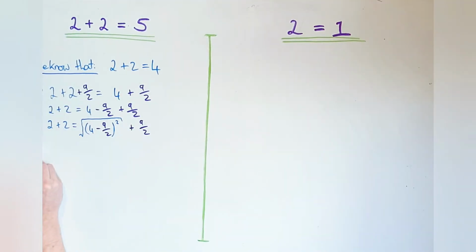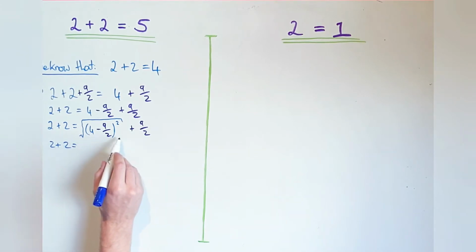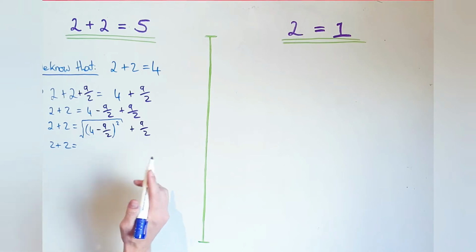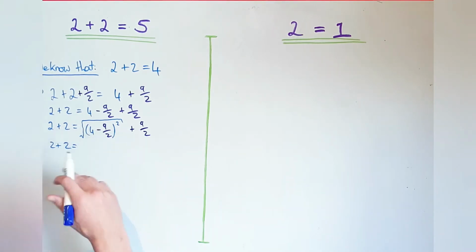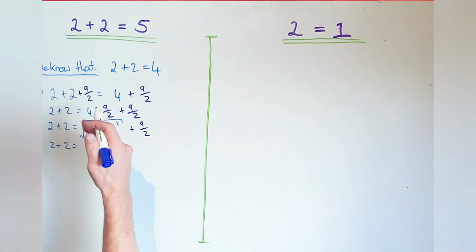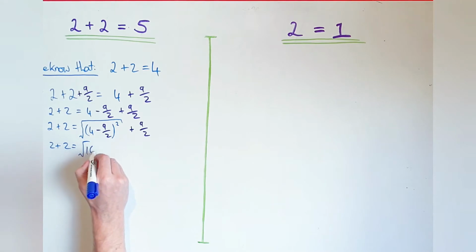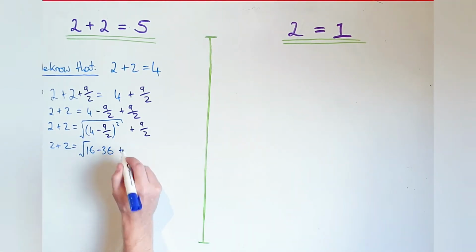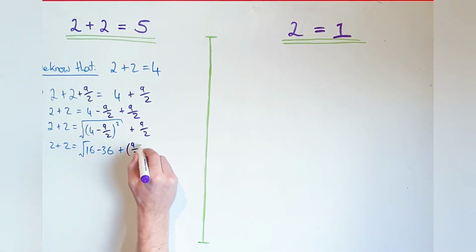So next, I'm just going to expand out this expression within the square root. I'm not changing it, I'm just expanding it out. So once again, if you took the square root of the expanded value, it would cancel, giving us our original equation. So that's going to equal the square root of 16 minus 36 plus 9 over 2 squared.